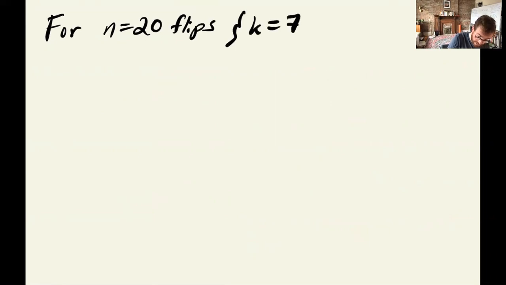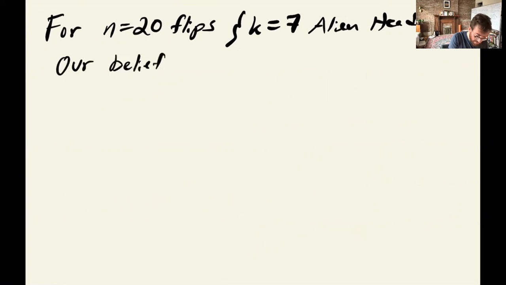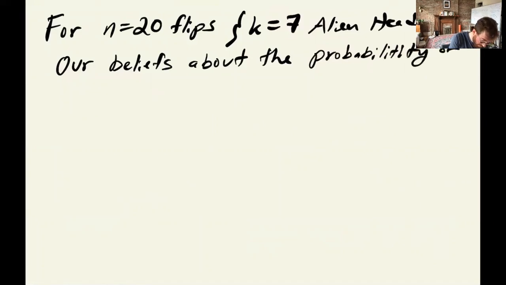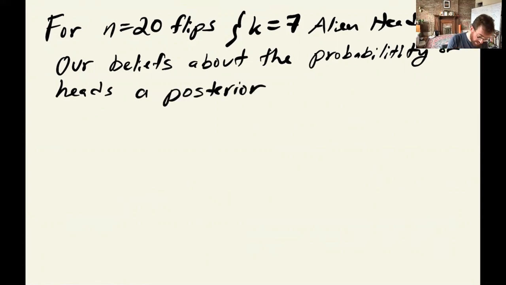So for n equals 20 flips and k equals 7 heads, our beliefs about the probability of heads a posteriori, so on the posterior, we get the posterior probability distribution.